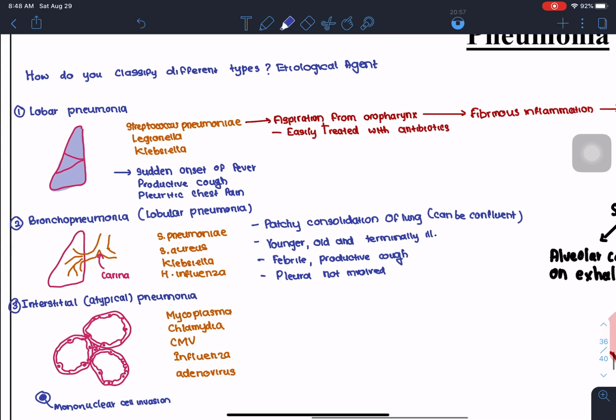The common cause is aspiration from the oropharynx. What is aspiration? You basically have it enter from your oropharynx into the lungs. As you know, lungs are sterile surfaces.